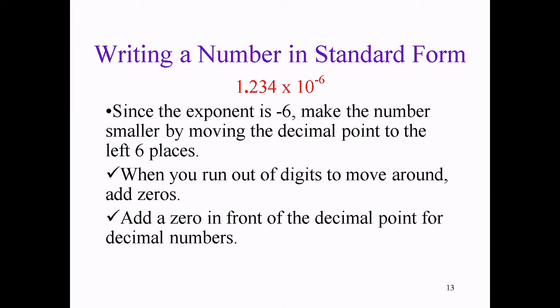I think it just makes the number a little bit more clear. So if we did it all out, we would wind up with this number, right? Because we've moved it over 1, 2, 3, 4, 5, 6 places, stuck our decimal place there, filled in all the zeros that we needed, and then placed that 0 in front of the decimal point in order to write this out.